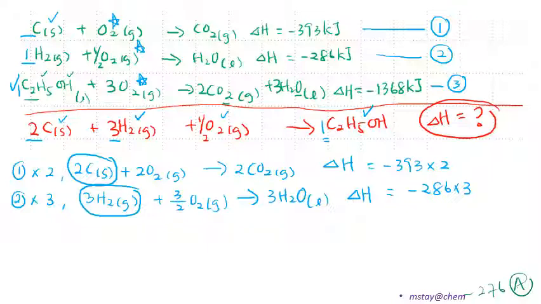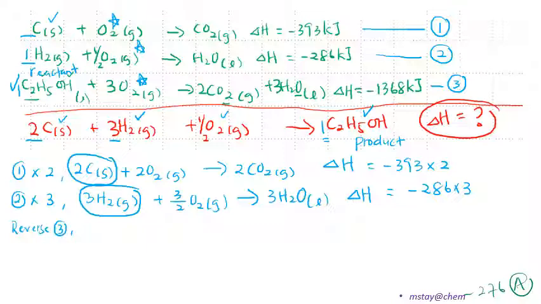The difference now is that C2H5OH in the thermochemical equation whose enthalpy change we wish to get is the product. However, in the equation based on the information given, C2H5OH is the reactant. That means we're going to reverse the third equation.